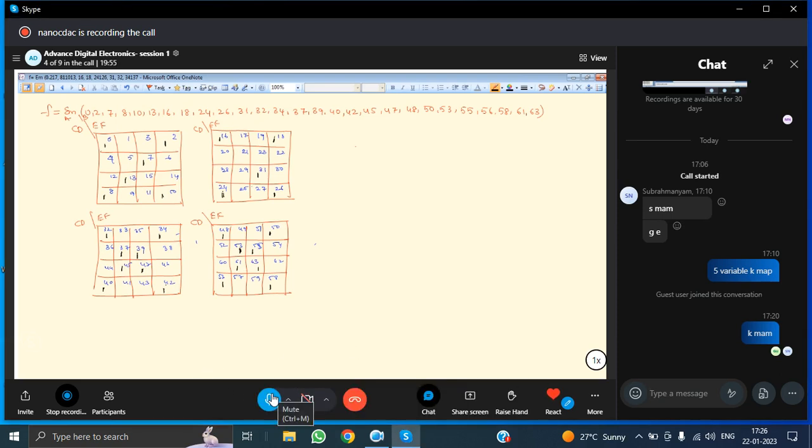Map అయింది కదా. So now we will start doing.